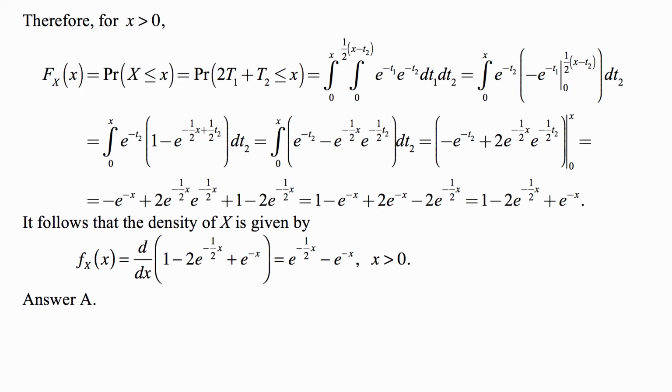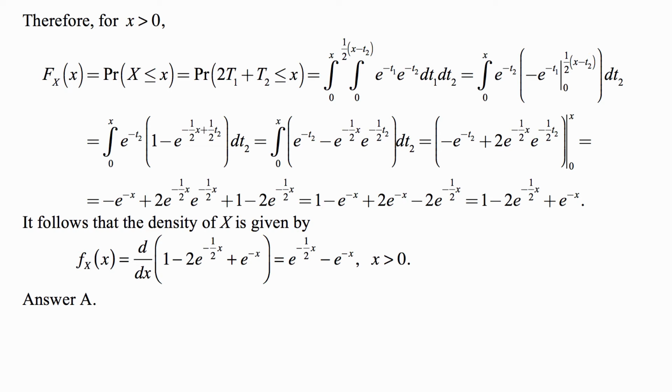So we plug in x and then 0 and calculate all the values, and we get minus e to the minus x plus 2 e to the minus 1/2 x times e to the minus 1/2 x, plus 1 minus 2 e to the minus 1/2 x, and that becomes 1 minus e to the minus x plus 2 e to the minus x, and minus 2 e to the minus 1/2 x.